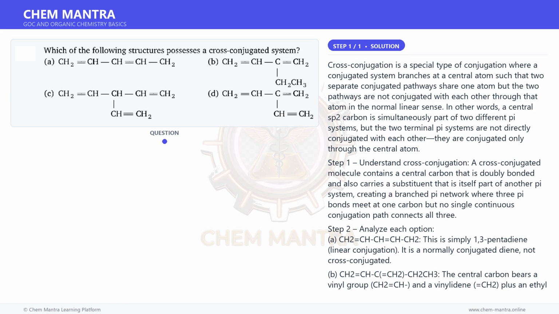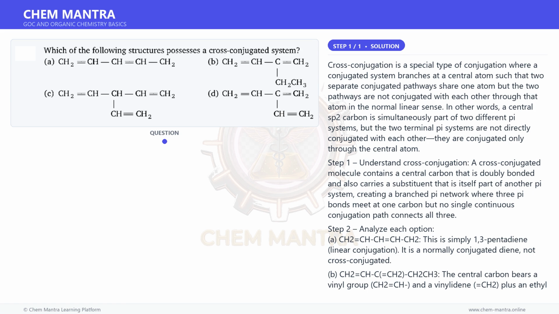B. CH2=CH-C(=CH2)-CH2-CH3. The central carbon bears a vinyl group, CH2=CH, and a vinylidene, =CH2, plus an ethyl group. The ethyl group is saturated, so the two pi bonds, CH2=CH and =CH2, share the central sp2 carbon.